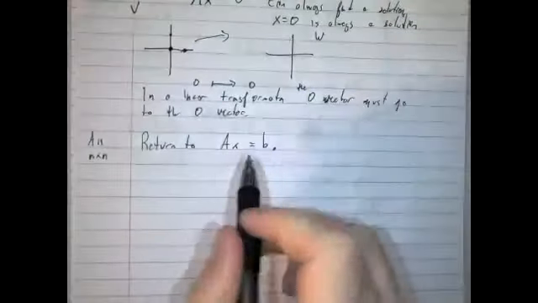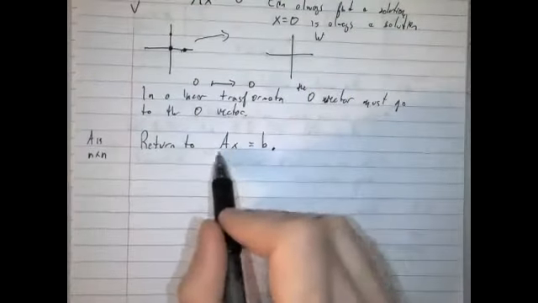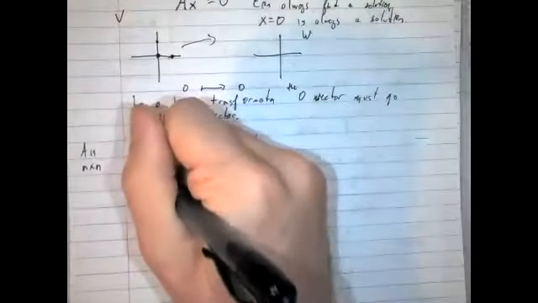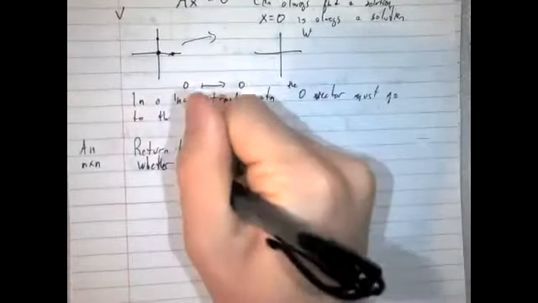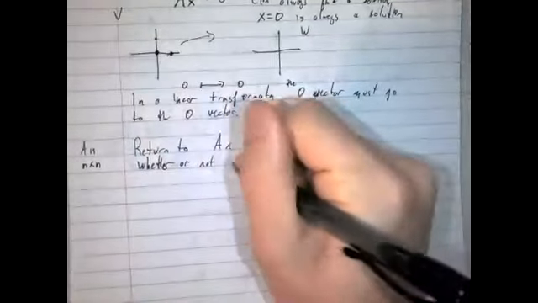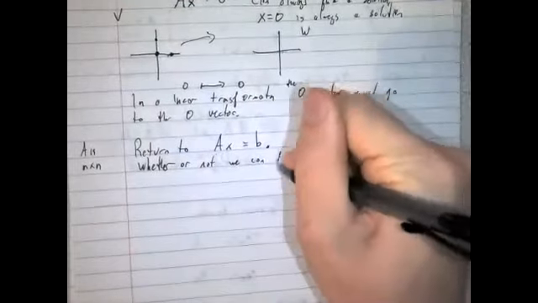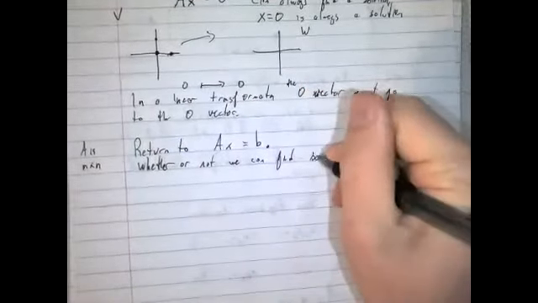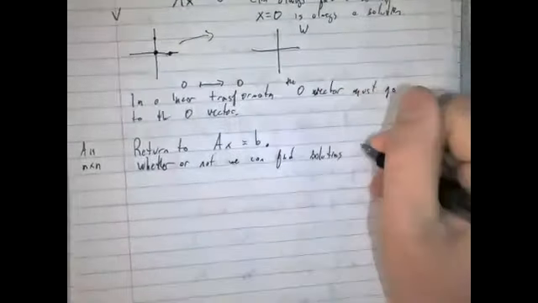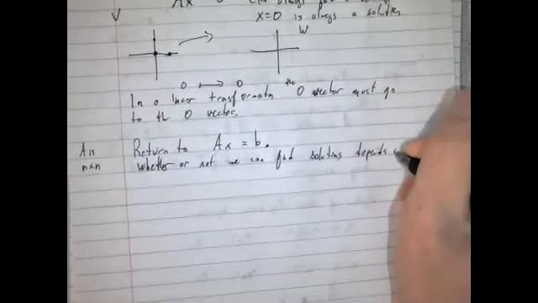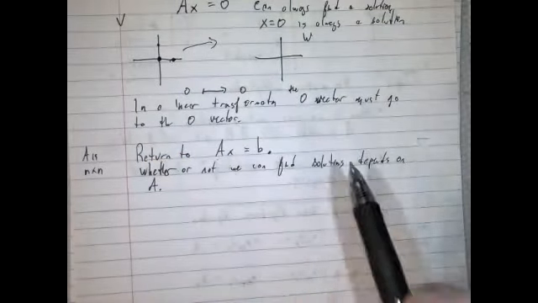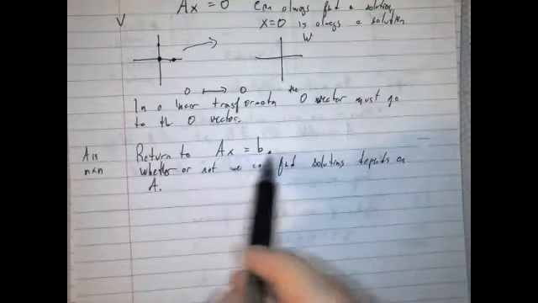So whether or not we can find solutions depends on A. In particular, can anyone guess a condition that I could ask of A such that I can always find a solution?